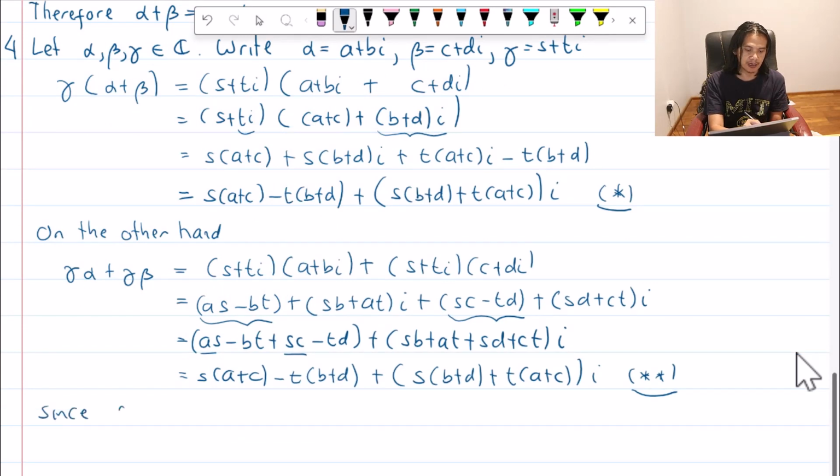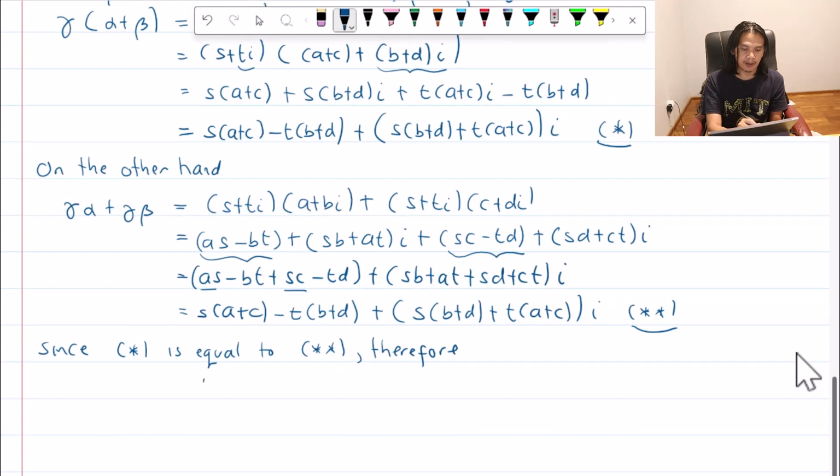Since star is equal to double star, therefore gamma times alpha plus beta is equal to gamma alpha plus gamma beta.